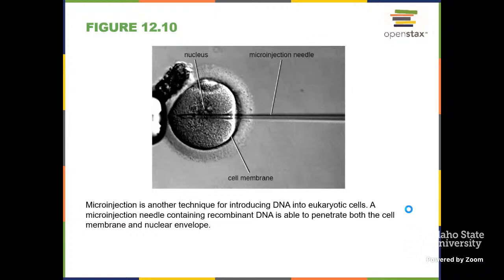I see these images and I think, man, that's awesome. Crazy stuff. You would be using, as we see here, a microscope to really be dealing with this in the first place, right? Here we've got a eukaryotic cell. We can see cell membrane, the nucleus of this cell, and this is a micro injection needle, right? Very, very small, right?